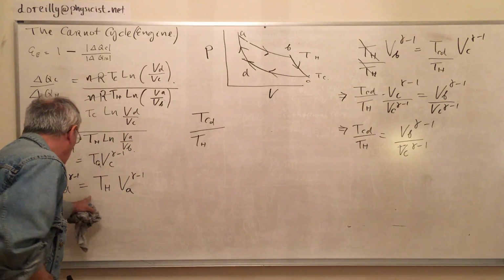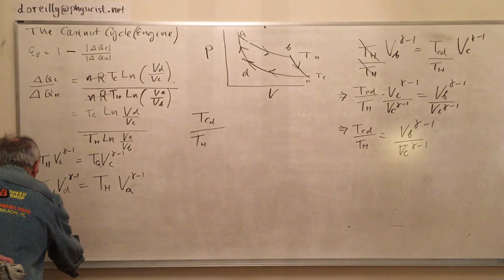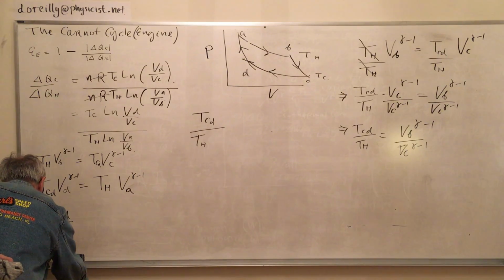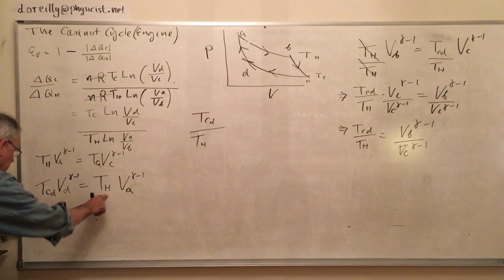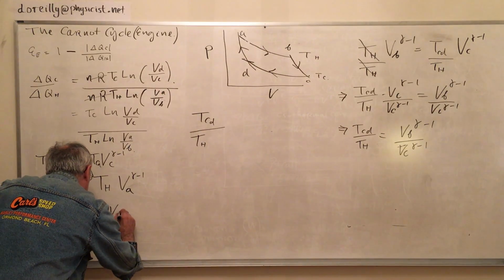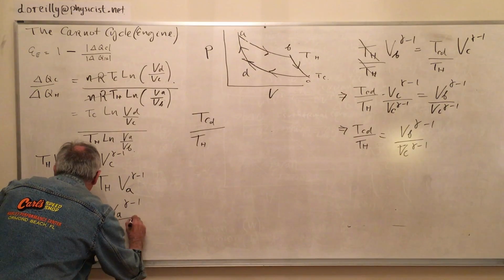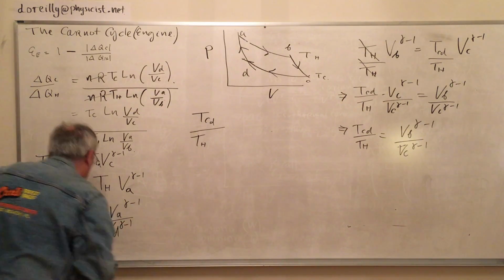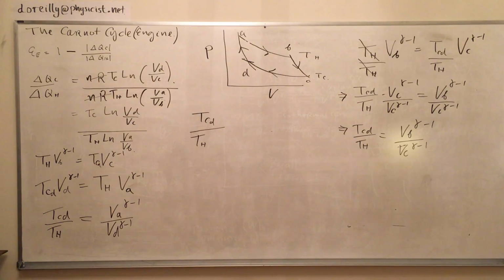Now for the second equation, I get the exact same result. I get T cold. There it is. I'll divide by the TH and divide by the VD. And I get the following. Okay?